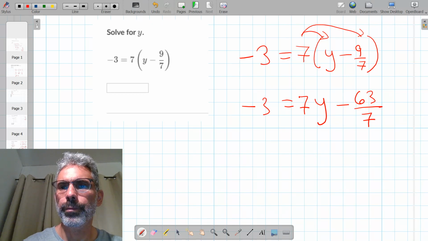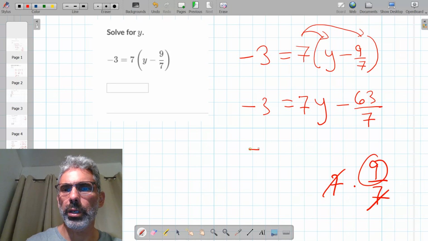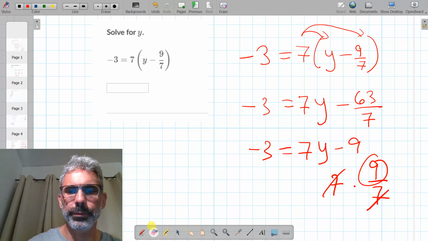Minus 7 times 9 over 7, so this cancels out, so this is 9, so minus 3 equals 7y minus 9.